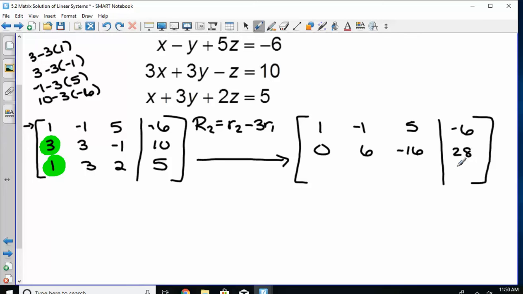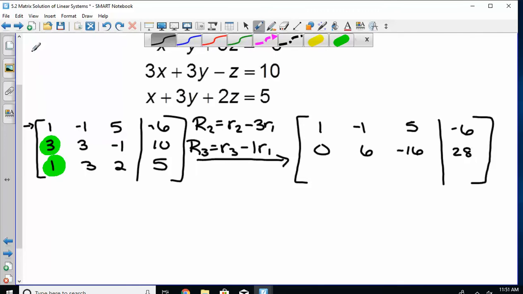Is it okay with you guys if I go ahead and get my 0 on row 3 in this step too? So row 3 equals row 3. It is a positive 1, so all I need to do is subtract 1 of row 1. So really you're just subtracting row 3 minus row 1. Okay.